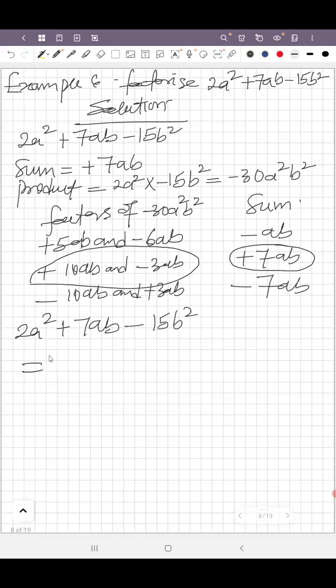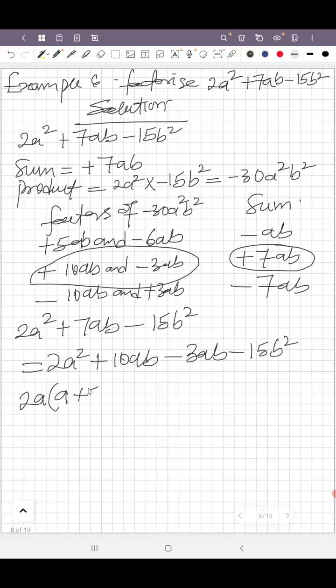In having this, instead of writing this, we have 2a squared plus 10ab minus 3ab minus 15b square. So having this, what's common? 2a is common in the first two: a plus 5b.